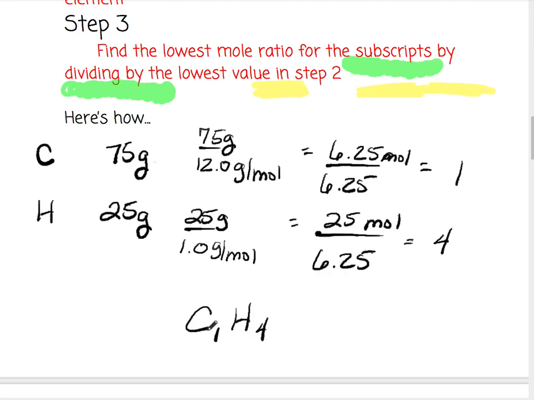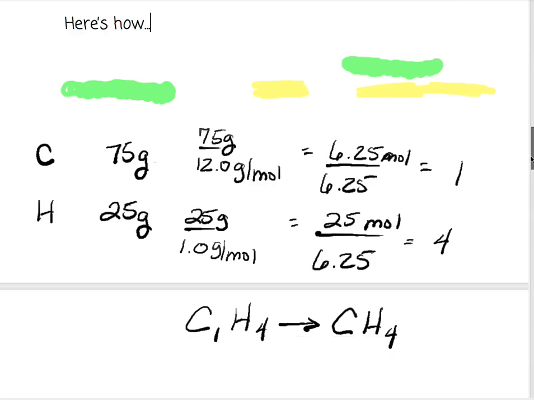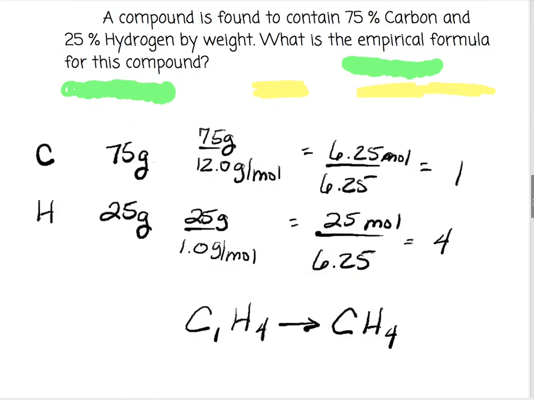Okay, so I don't have to write that 1. Remember, subscripts of 1 are understood, so I write CH4. That's my empirical formula for this compound, which had 75% carbon and 25% hydrogen by weight.